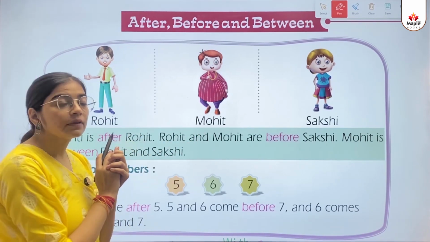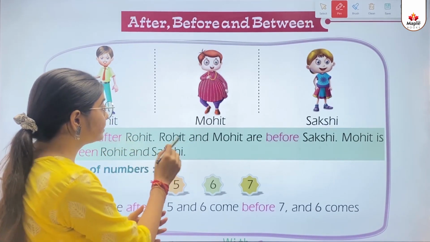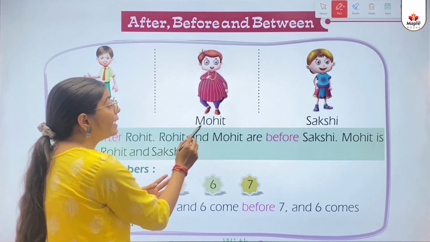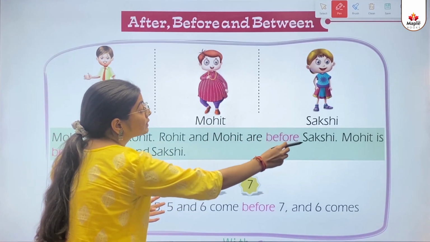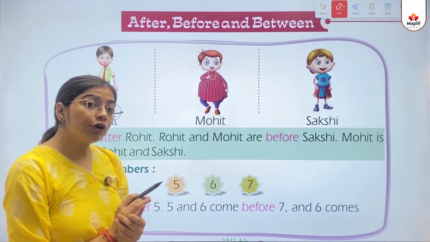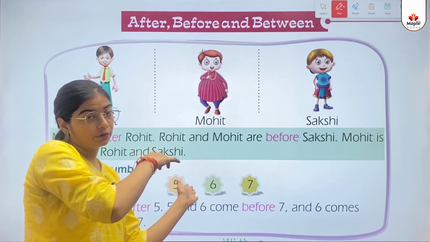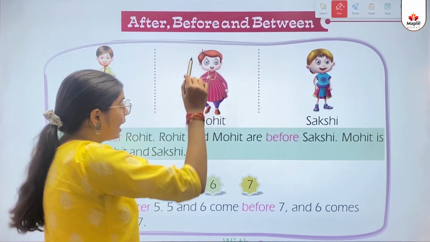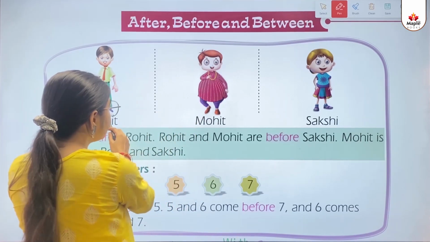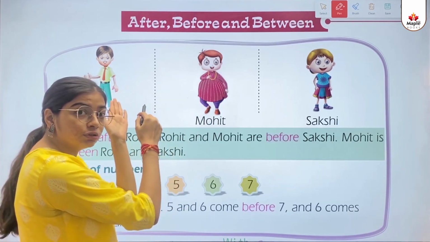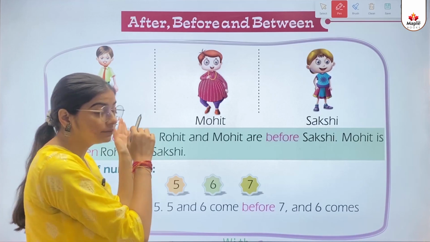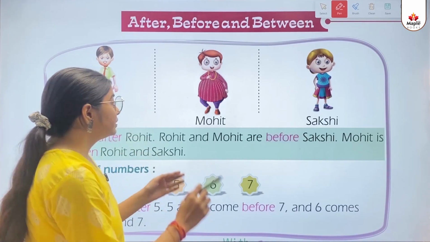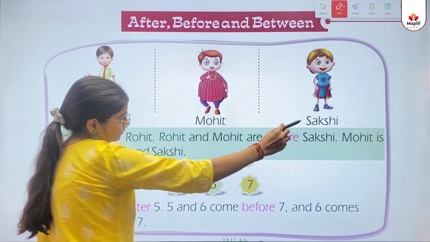Got it? Then, what is written here? Rohit and Mohit are before Sakshi. Before means in the backward. Where is Sakshi? Sakshi stood here. And Mohit and Rohit are backward to her, behind her. So, this is called before.